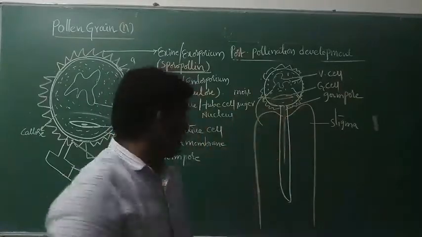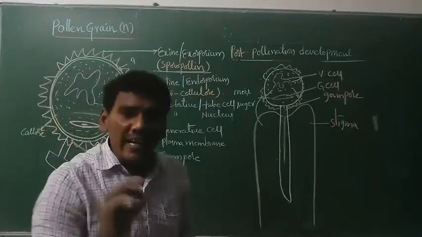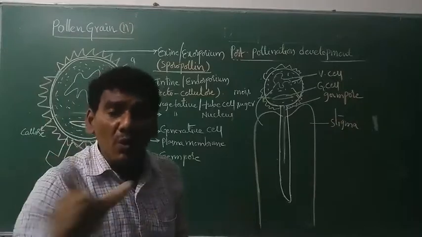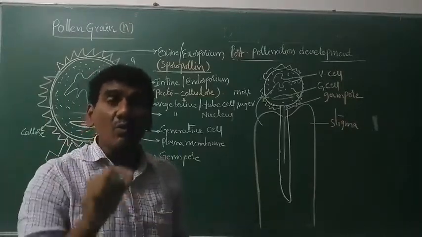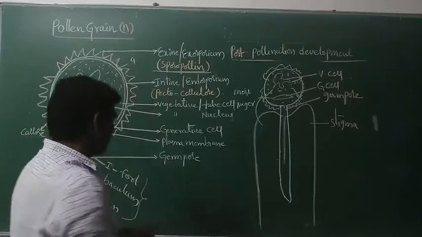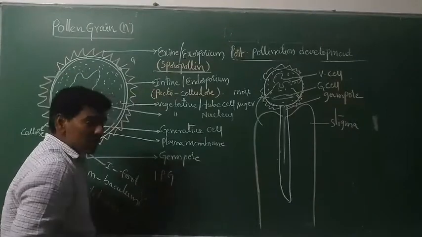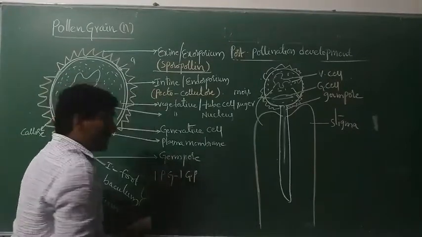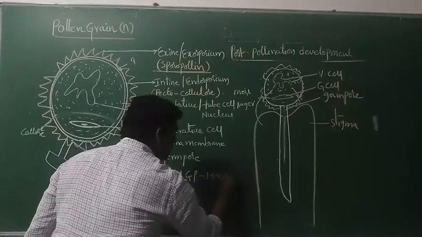When the pollen grain develops only one germpore, that type of pollen grain is called the monosiphonous condition.